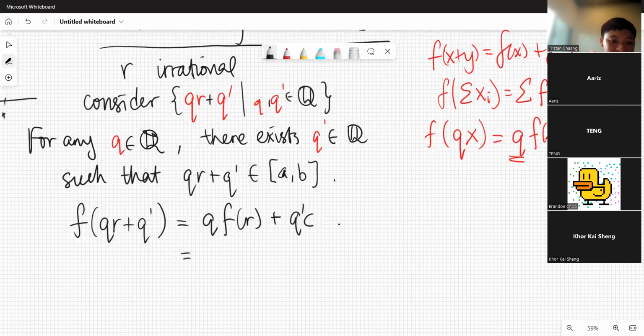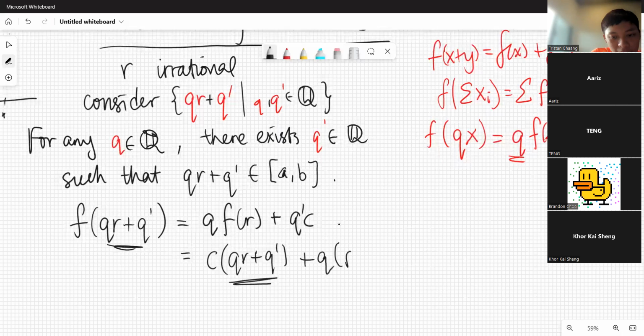And okay, let's just write this as c times (qr plus q prime). Because this is what we should expect it to be, right? We should expect it to be c·x. But then we have some leftover terms. This will be plus q times (f(r) minus c·r).